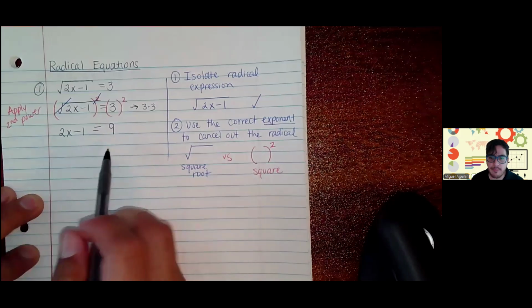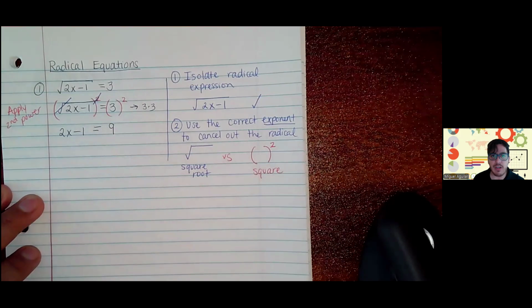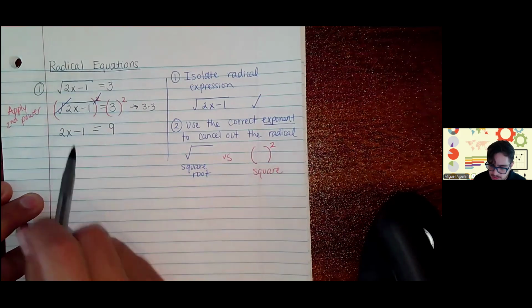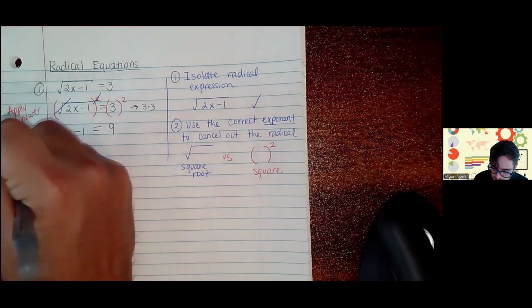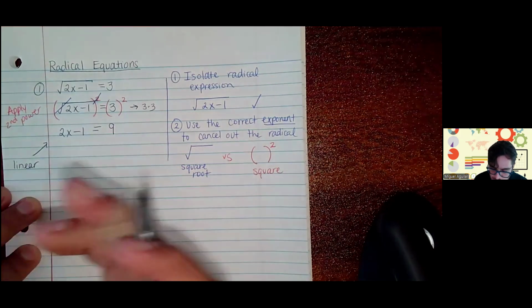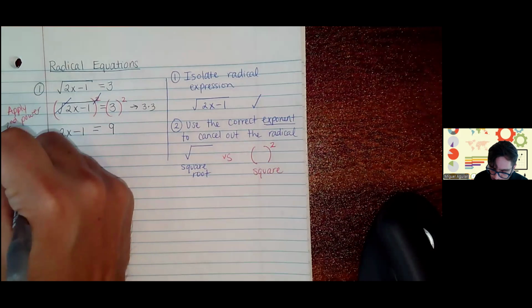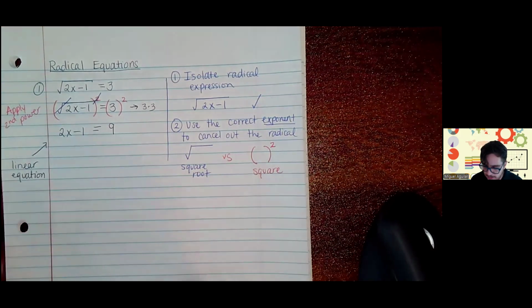So now that we've done that, we've canceled out the root. We no longer have exponents because we simplified all the exponents that we could. And what we're left with is just a linear equation. Okay. Linear equation because we have an x in there, but we don't have any exponents on it. So if we can solve this linear equation, then that'll be the end of this problem, right?